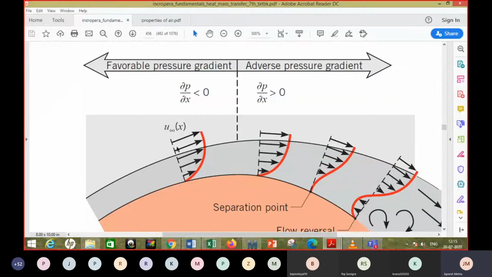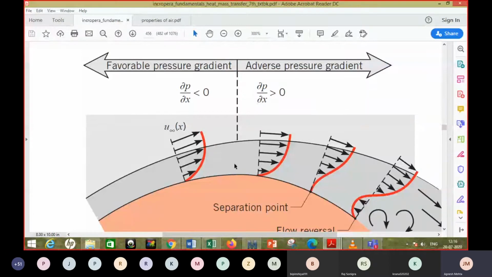What you see is the velocity near the cylinder. Here the pressure gradient is favorable, that is dP by dx is less than 0. It means that the pressure is decreasing as x is increasing, right? So that's a favorable pressure gradient, and the fluid remains attached to the cylinder.